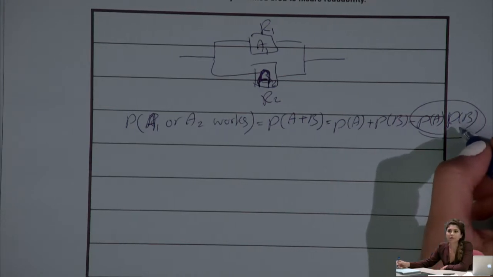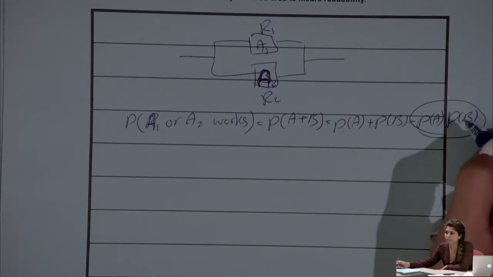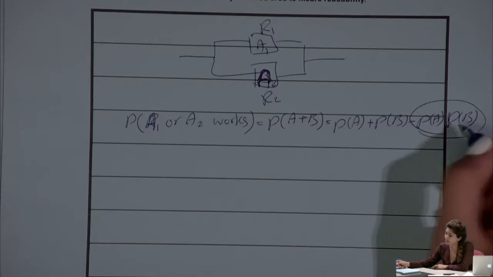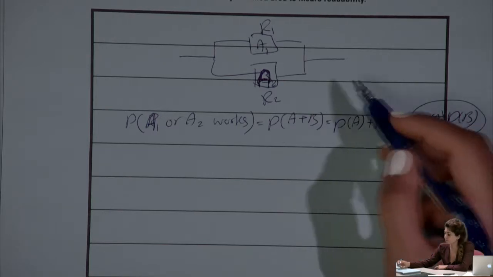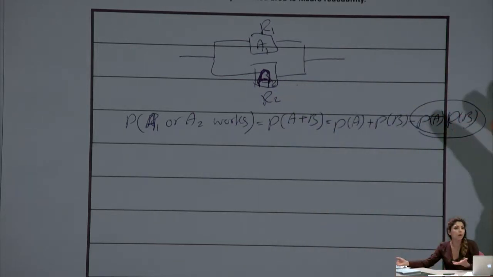This is kind of repetitive of the stuff that we saw, but we want to go to the general formula for them. So the probability of A and B, this is true only when you have A and B independent. If A and B are not independent, this condition doesn't hold. But for the most part, when you have a redundant component, you assume that the two components are independent. That's the whole idea.